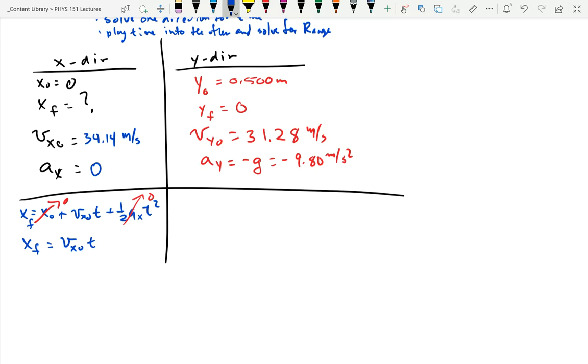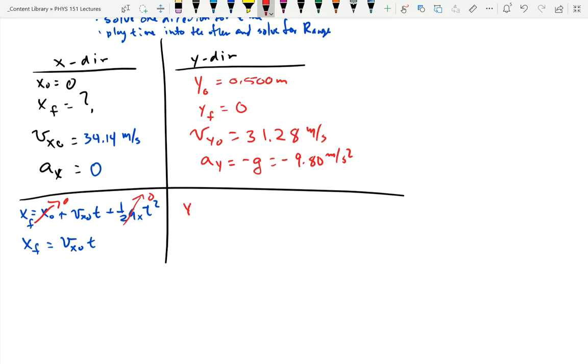I don't know time and I don't know x final. So this has two unknowns. That's unlikely to give me something useful. Why did you stick to the y direction? In the y direction, I have only one unknown because I know all of the variables except for time.